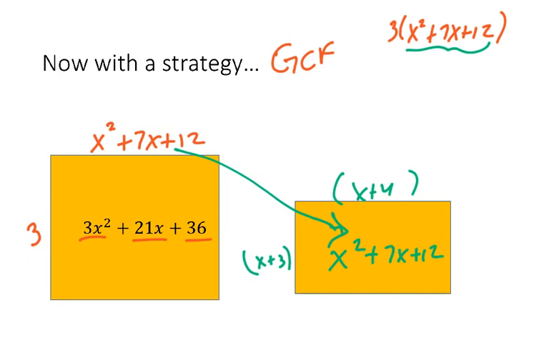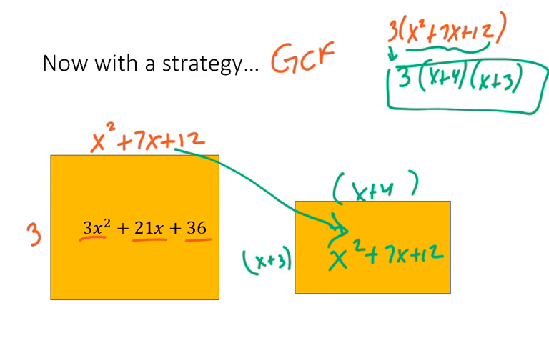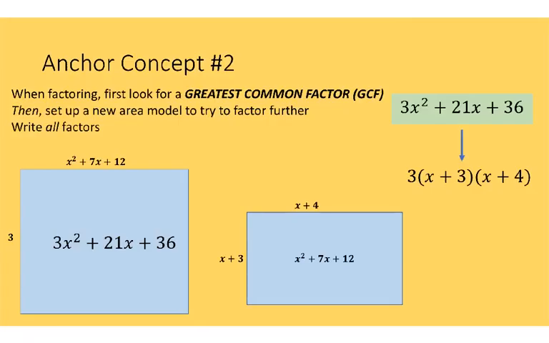So instead of this x squared plus 7x plus 12, I'm going to write x plus 4 and x plus 3, but my 3 has to stay as a part of it, because remember, this whole thing has to multiply out to get the area. So we're going to factor out a GCF first for this. So I put the concept here in general, but the first thing we want to do with any of these is look for a greatest common factor.